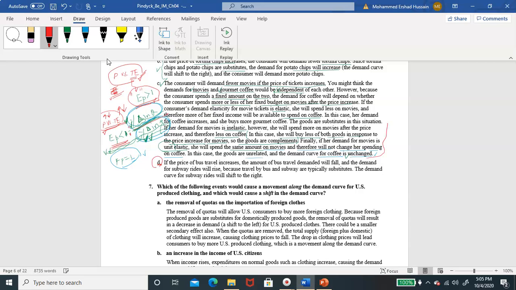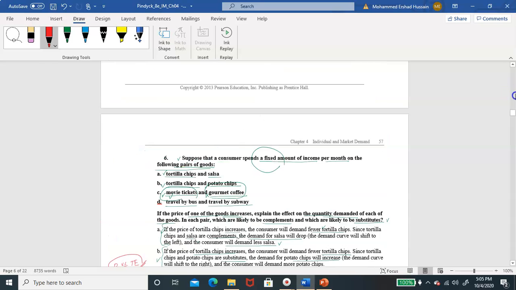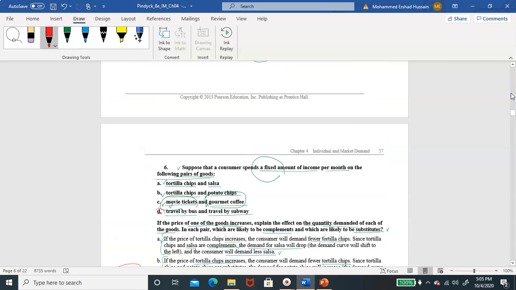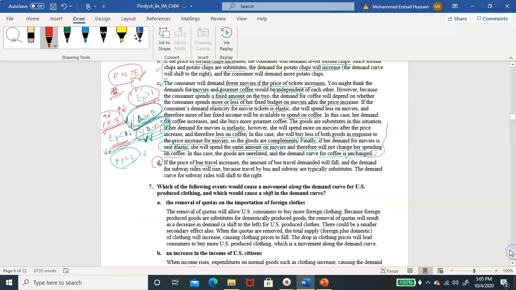Now what about D? If the price of bus travel increases, let us see. Part D asks about two goods, bus travel and travel by subway. Again, if the price of bus travel increases, the amount of bus travel demanded will fall and the demand for subway rides will increase, because travel by bus and subway are typically substitutes.